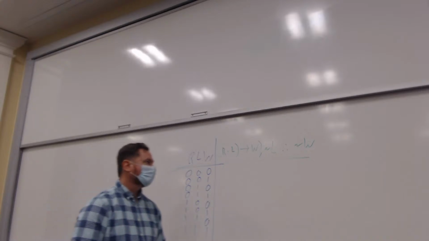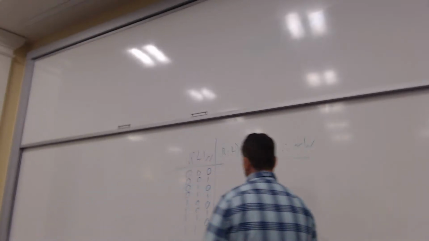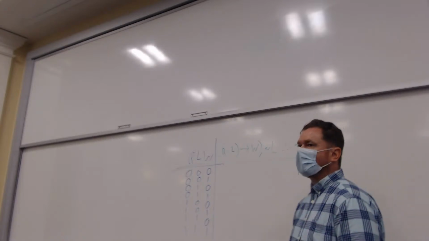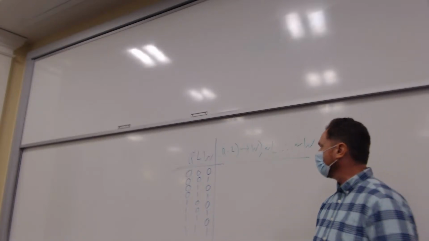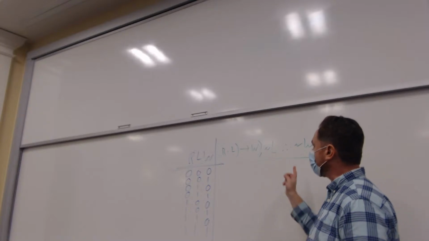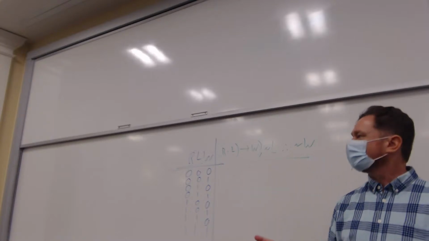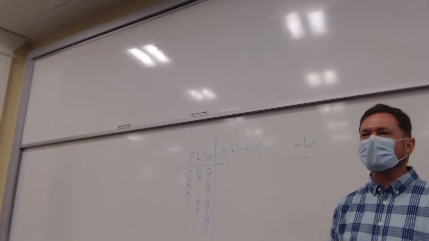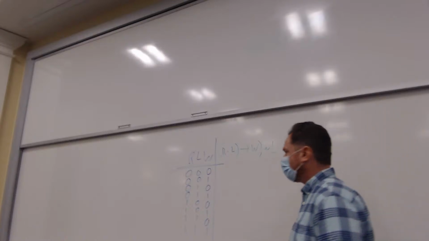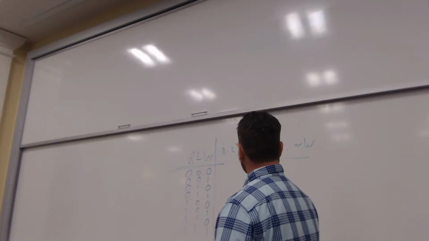Now if I were to do this all the way out without any shortcuts, I would have to plug in 24 values, 8 times 3. That sounds like a lot of work. I'm kind of lazy. I've got things to do with my life. I don't want to do that much work.